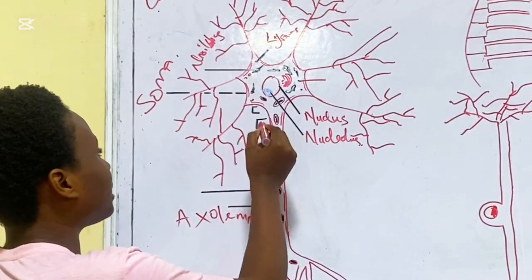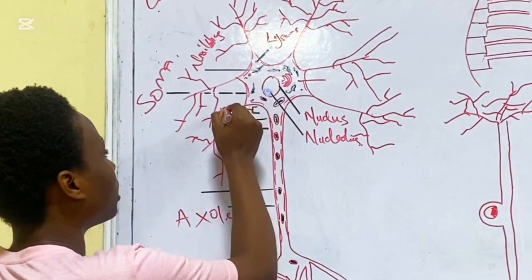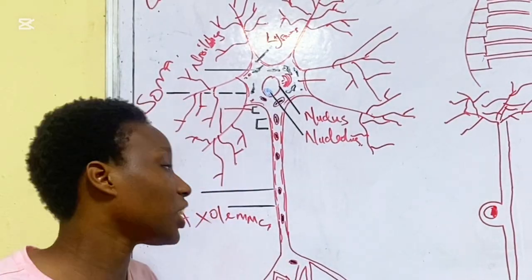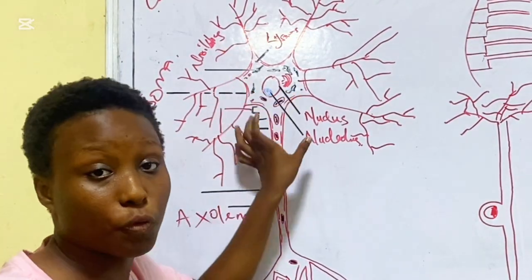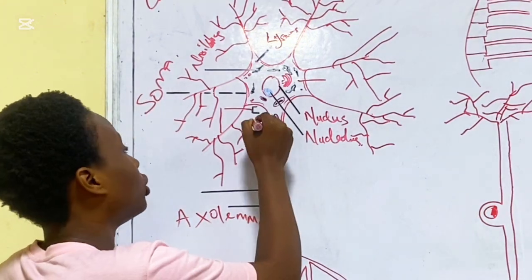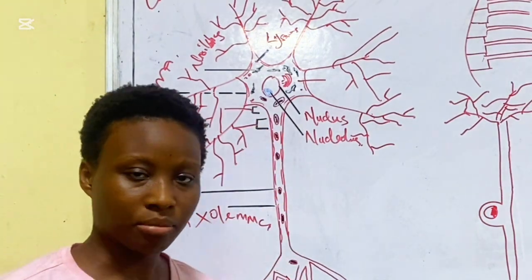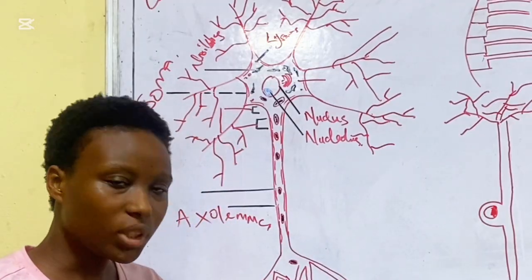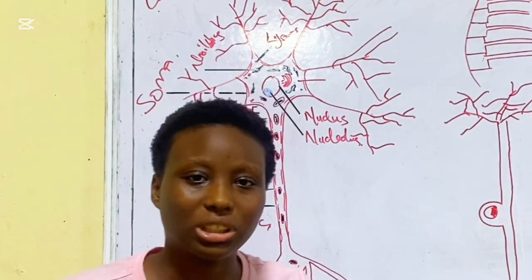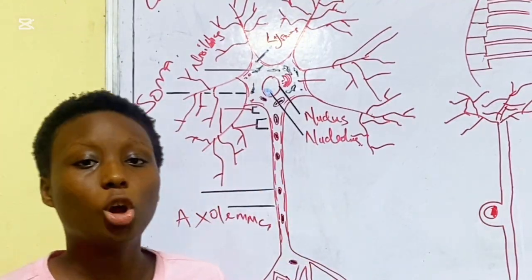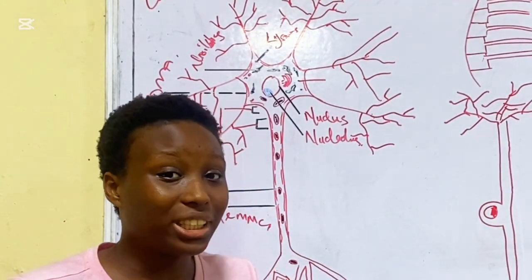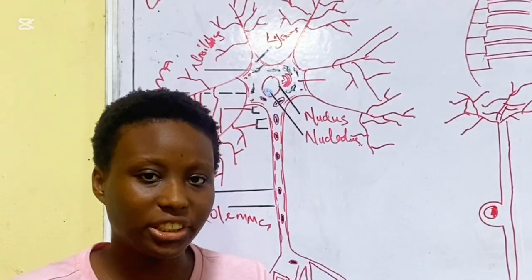Now, this here is called the axon hillock. The axon hillock is the point at which the soma begins to form the axon. That's just it. And then this here is called the initial segment. The reason the axon hillock is very important is that, number one, the axon hillock lacks nuclear bodies, but it contains a high amount of voltage-gated channels.